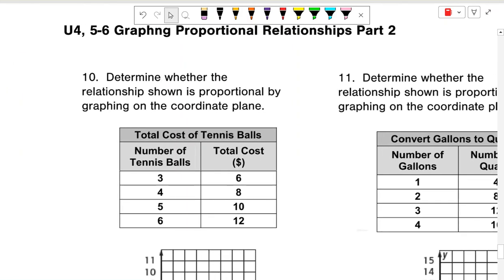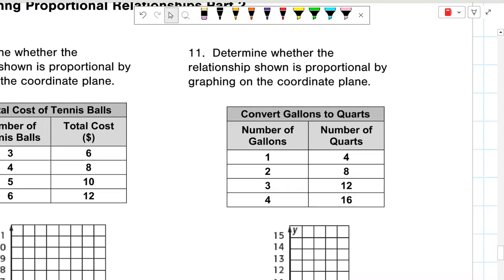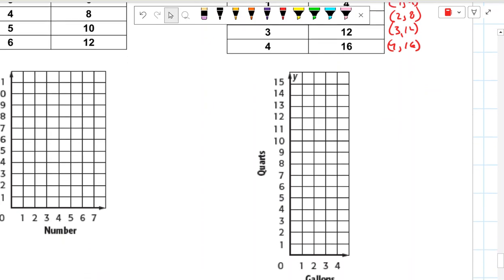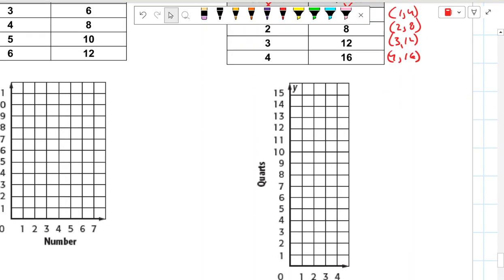And then on number 11, it says determine whether the relationship shown is proportional by graphing on the coordinate plane. So remember, this gives us our x column and our y column. And so our points here are (1, 4), (2, 8), (3, 12), and (4, 16). So we'll come down here and we'll graph these points.